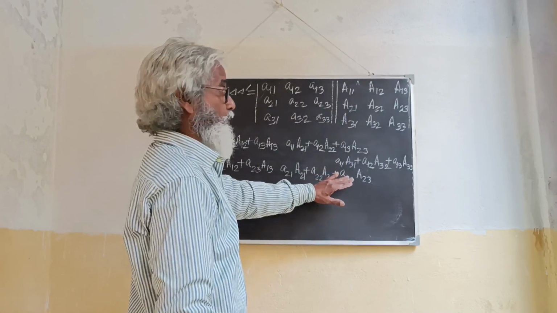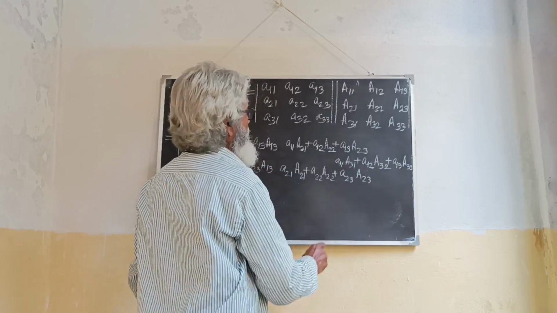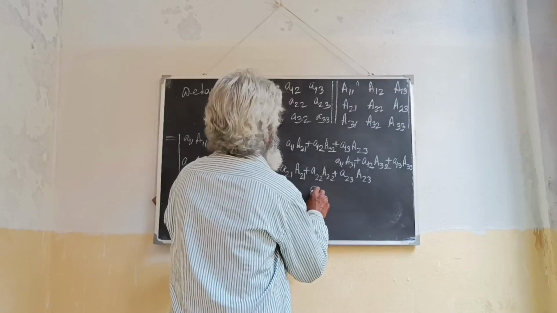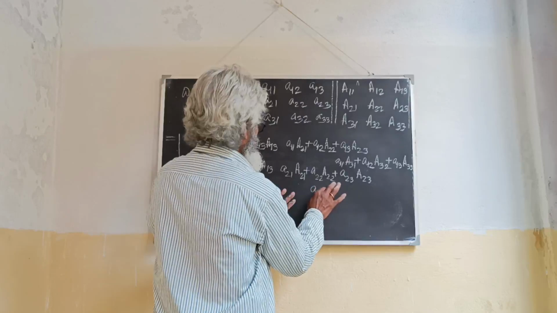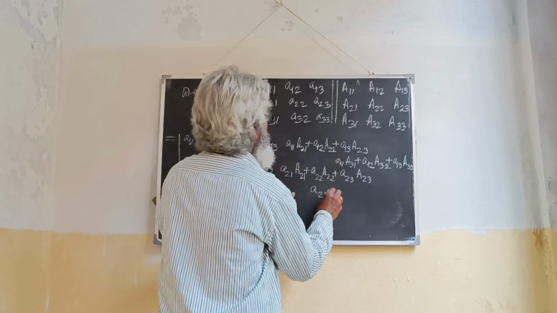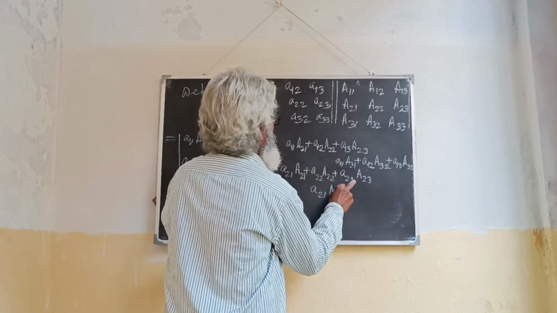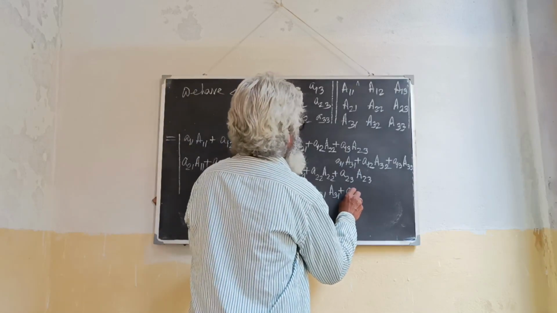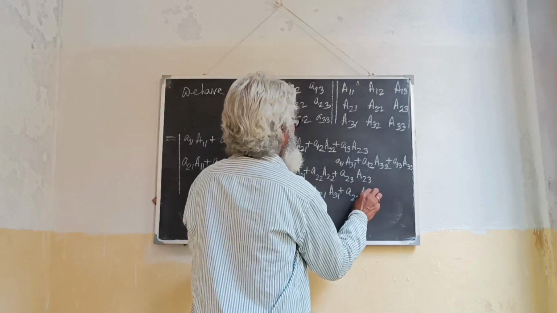This is the second element of second row. Space is small, I write it here: A21 A31 plus A22 A32 plus A23 A33.